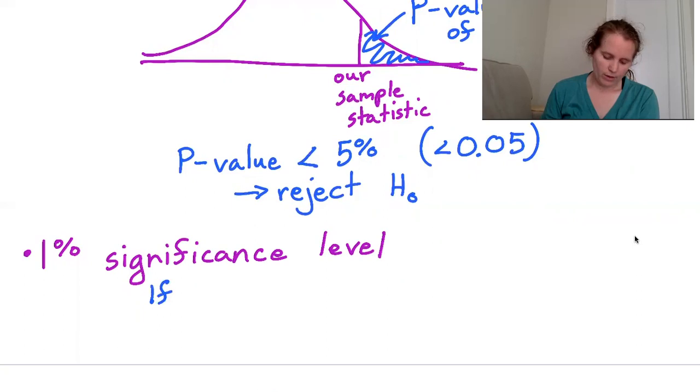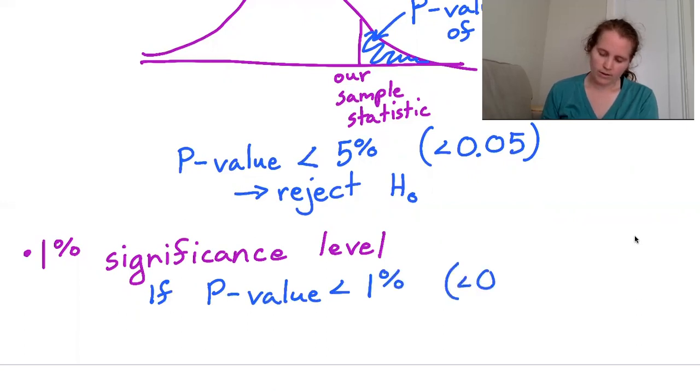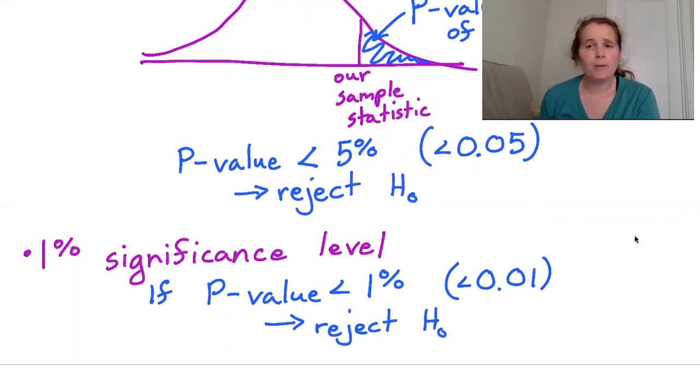So if the p-value is less than 1% or less than 0.01, then we reject H naught. These are the most common significance levels, but we could do this for, say, 2%, 0.1%, 10%. There are various options.